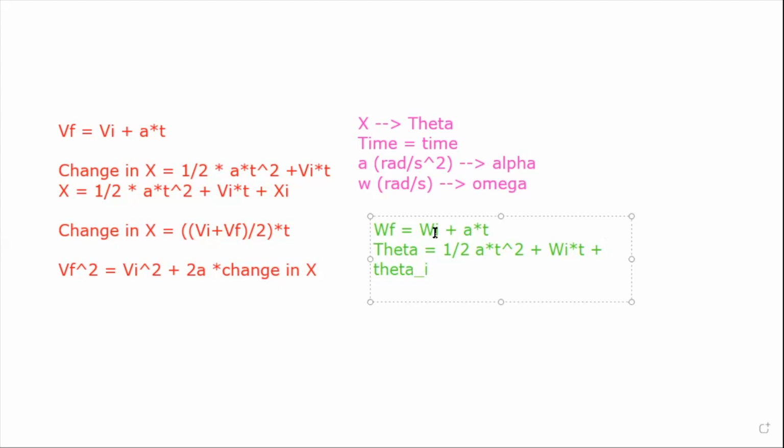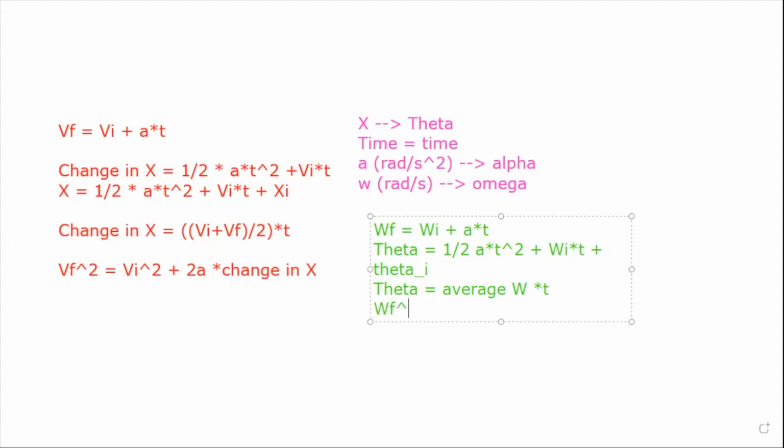That's the second one. Next, we have change in theta is equal to average angular speed, which you can do very similar to how we did before up over here, and we just multiply by change in time.